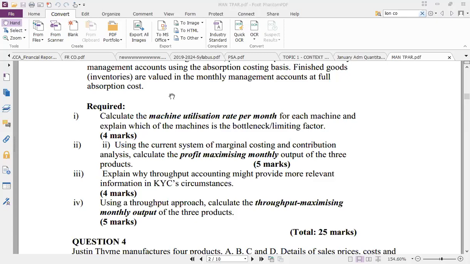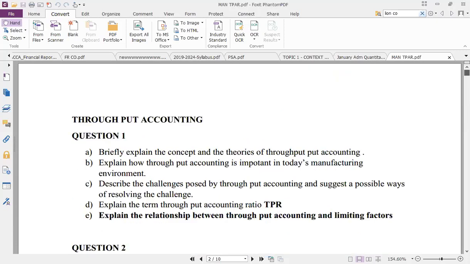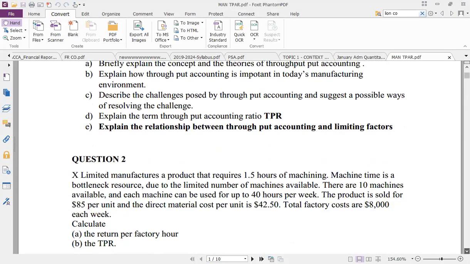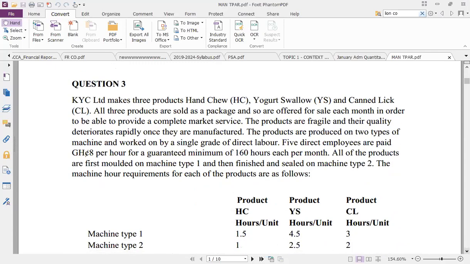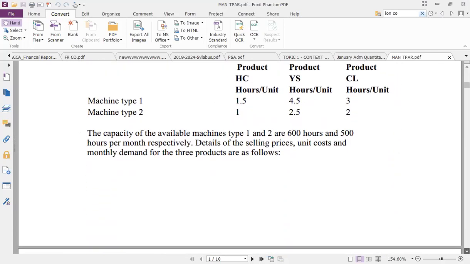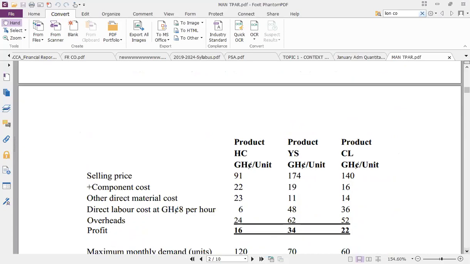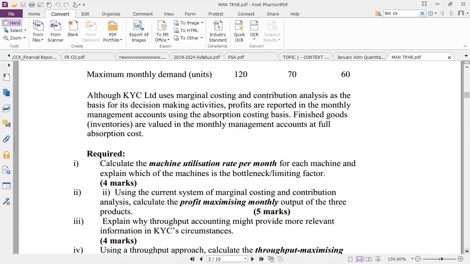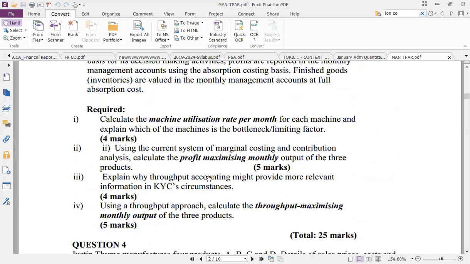You're just being asked the importance of throughput, which ties onto the question I gave last week: explain how throughput accounting is important in today's manufacturing environment. So that was the question the examiner was giving you, the practical scenario. The company is a manufacturing company. So explain why throughput accounting might provide more relevant information.